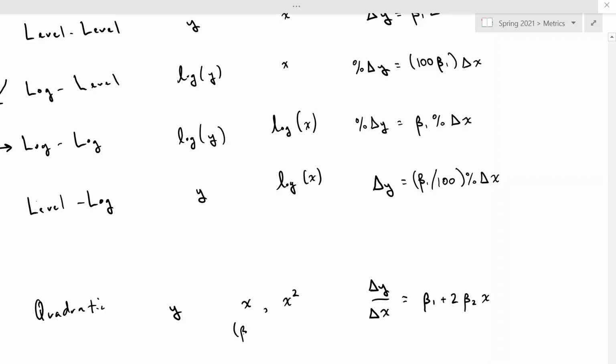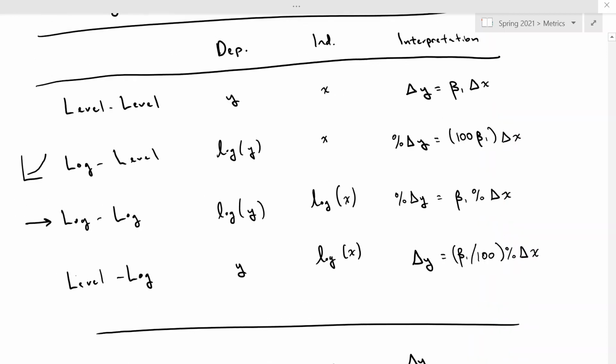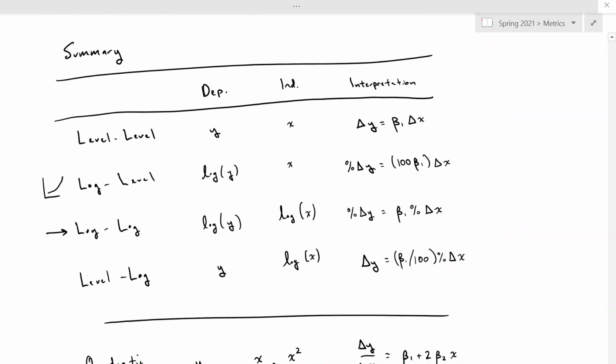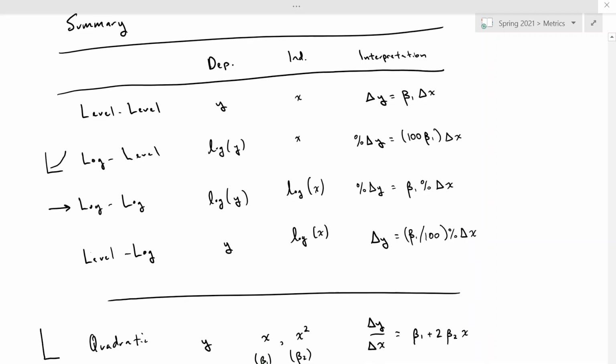And so the beta 1 goes with the x, the beta 2 goes with the x squared. Okay, and so that's slightly different, but it's part of our nonlinear functions summary. And again, the quadratic is if we want diminishing marginal returns. Log level is if we want increasing marginal returns.